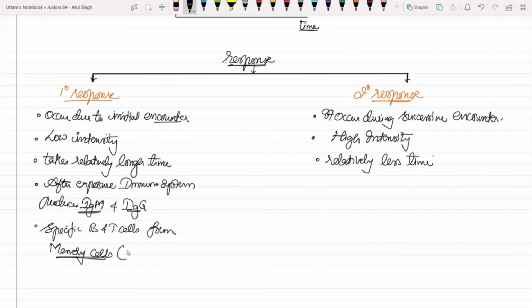They will contain the memory of the antigen, in the memory B and memory T cells, and they are stored in lymphoid organs.